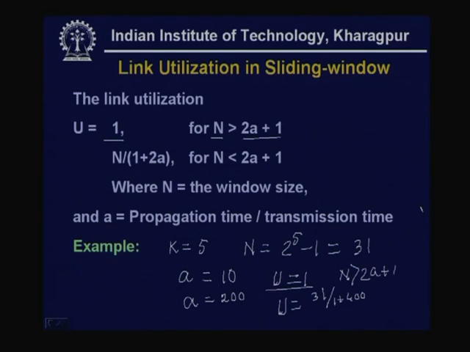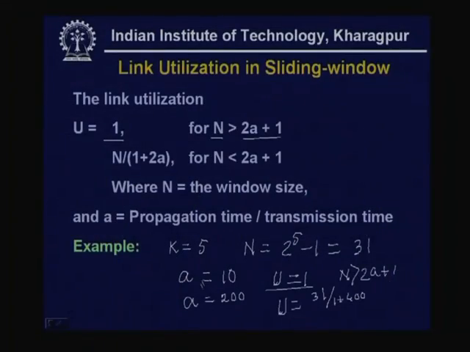So you see that whenever n is greater than 2a plus 1, in such a situation the sliding window protocol is capable of sending continuously almost without waiting, because we have seen that it maintains a window.